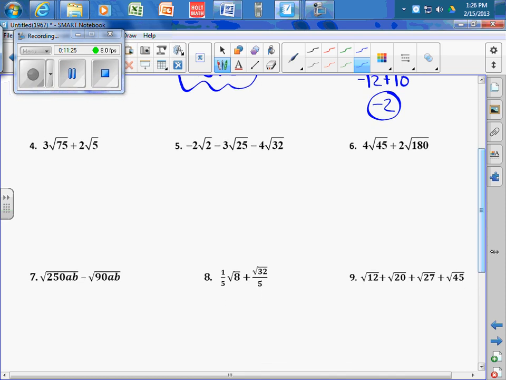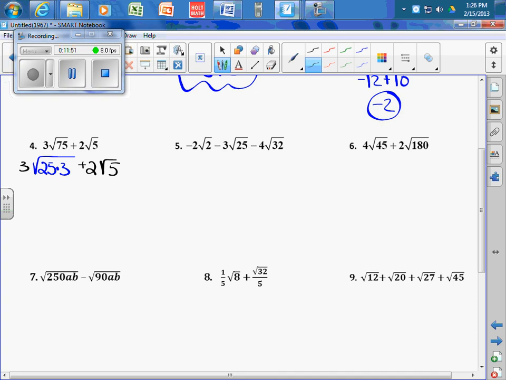And number 4, again, having to simplify the square root of 75, I'm going to definitely bring down that 3. 75 would be 25 times 3, and then plus 2 radical 5, because that can't be simplified anymore.